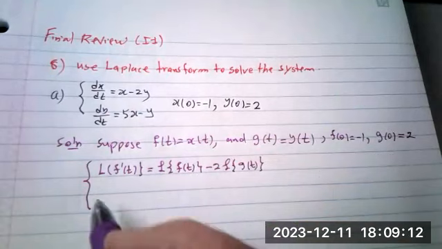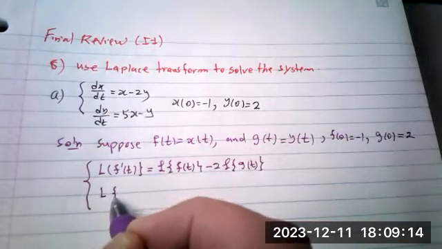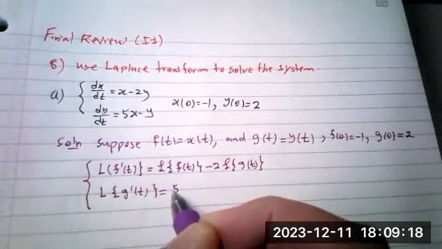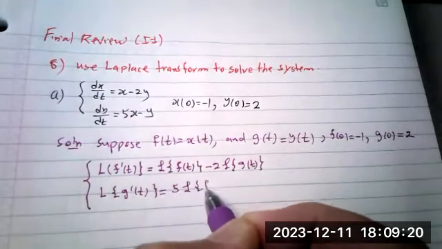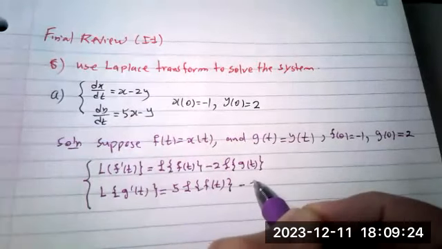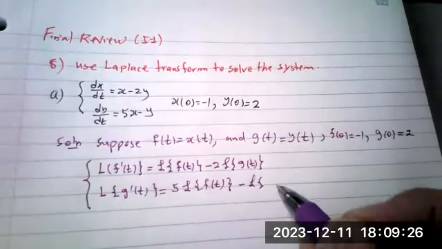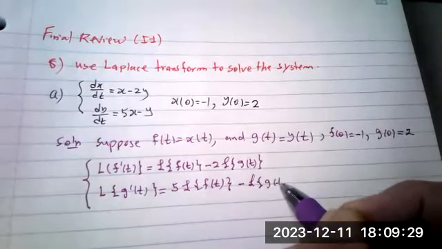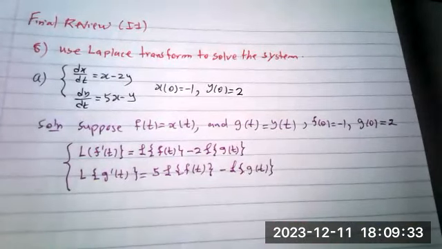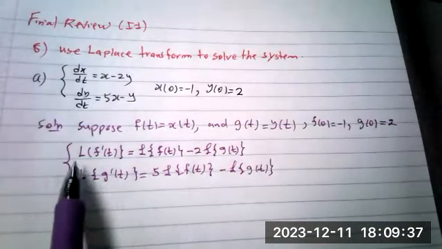The second one is Laplace of g prime of t equals 5 Laplace of f of t minus Laplace of g of t. As usual, like the one we did for one equation, you change the prime and then continue.